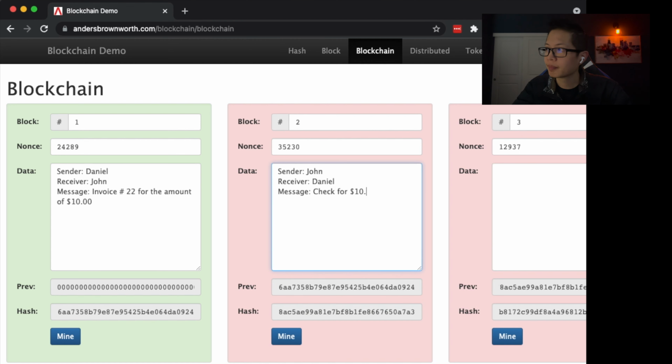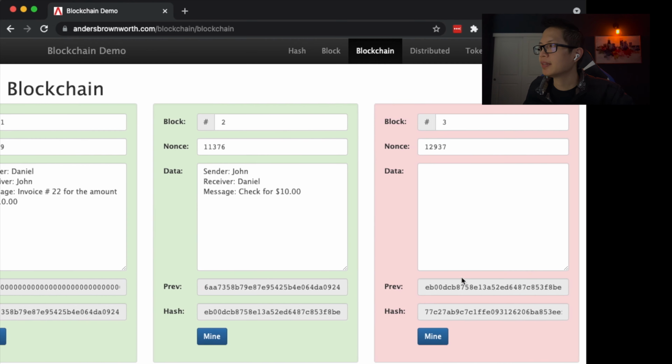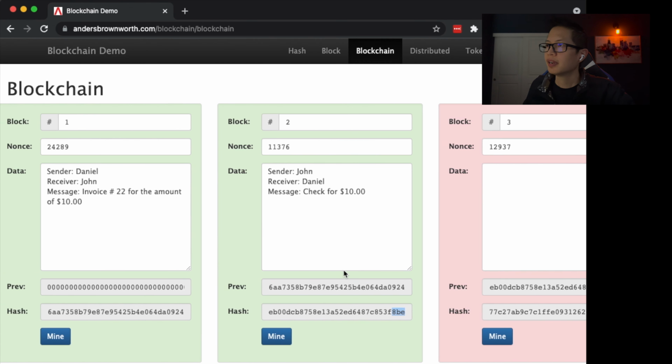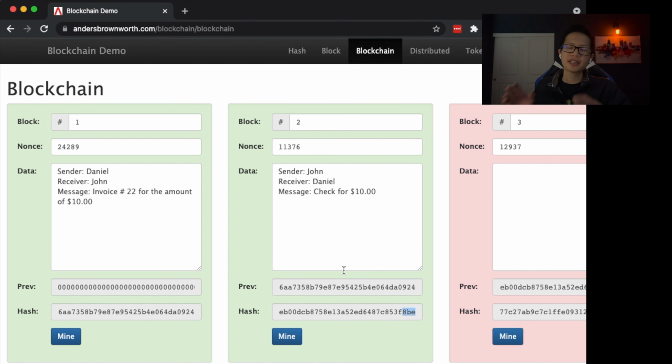You can see over here that the previous hash ends in 924, and again, we can see over here that the previous hash also ends in 924. A new hash is created, so whenever we have the next block, we'll be using this hash, and so on. And basically, that's the simplicity of a blockchain.